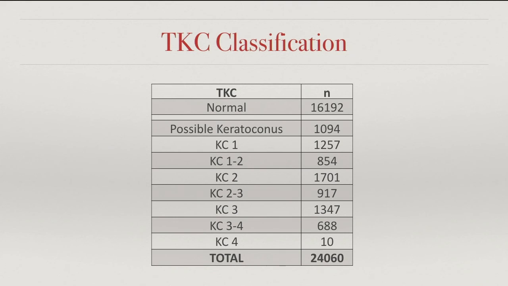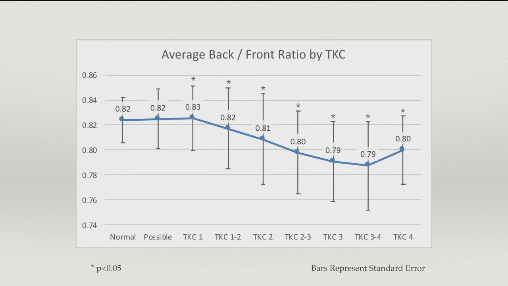We used one of the tools to classify the keratoconus, the TKC in the Pentacam, which gives 9 different classifications from normal to grade 4. If we look here, in normal eyes this ratio was 0.82, as previous works have shown. In possible keratoconus, we could not detect any difference.